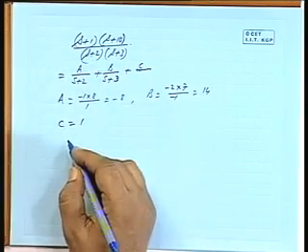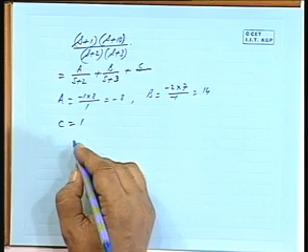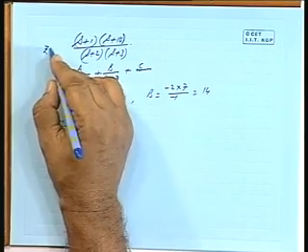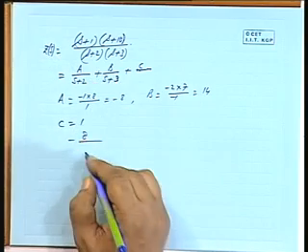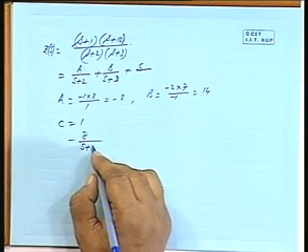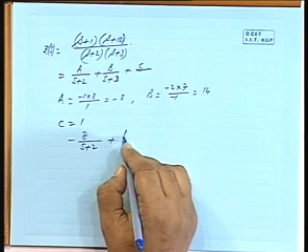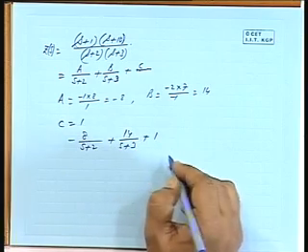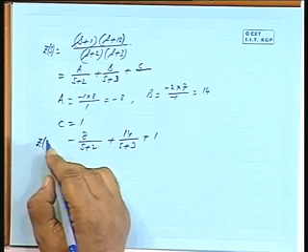So, this thing can be written as, suppose this is ZS, minus 8 by S plus 2 plus 14 by S plus 3 plus 1. This is ZS.